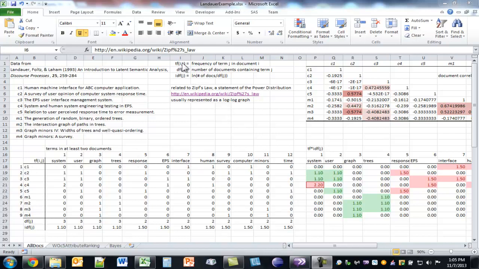And TF_IJ, which stands for term frequency in document I of word J. So TF_27 would be row 2, column 7, and the frequency of the 7th term in document 2 is 0. And that basically is the term document matrix.